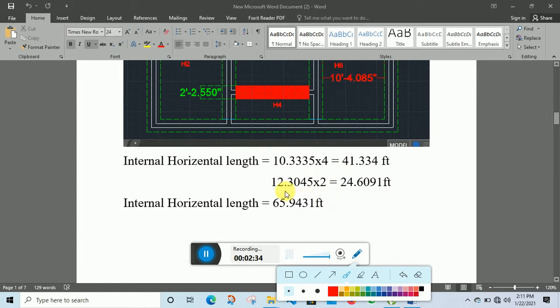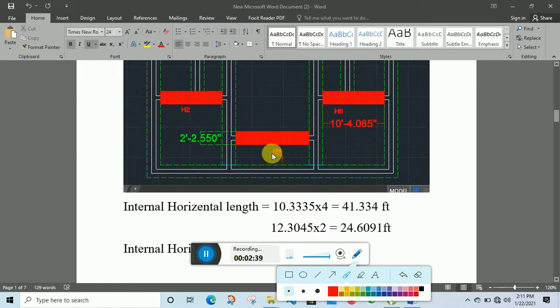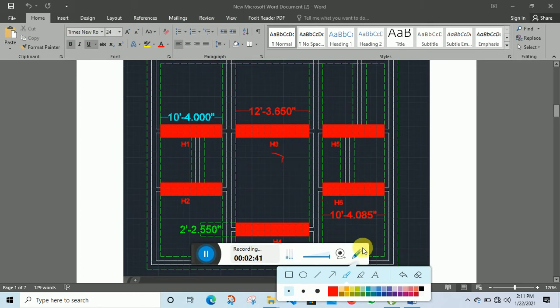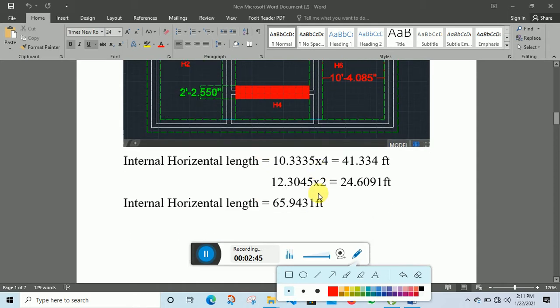And 12.304 is multiplied by 2 because h4 and h3 have the same dimension, so I multiply this by 2. From simplification, I get the internal horizontal length of the overall plan.